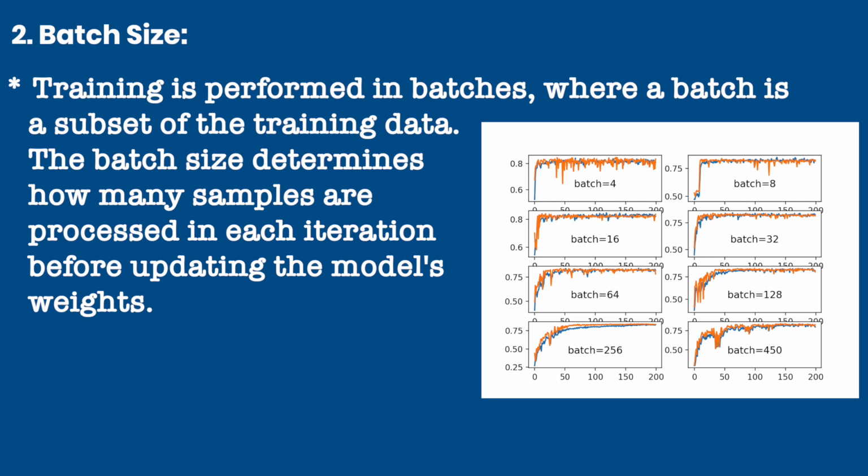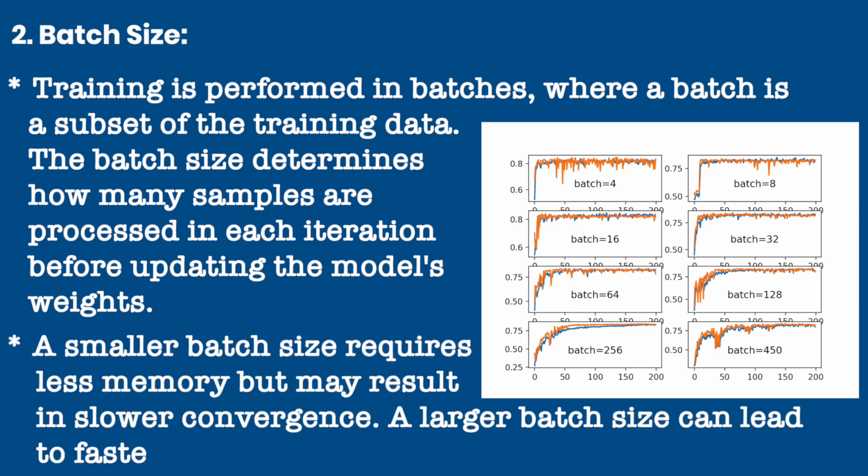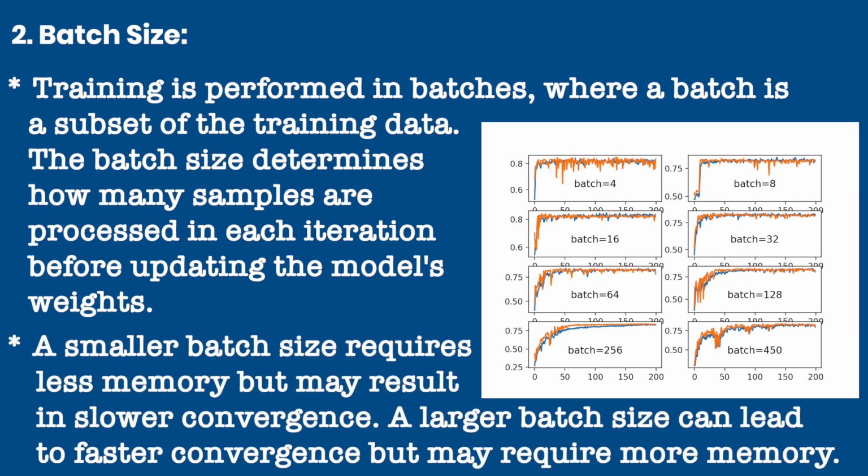The batch size determines how many samples are processed in each iteration before updating the model's weights. A smaller batch size requires less memory but may result in slower convergence. A larger batch size can lead to faster convergence but may require more memory.